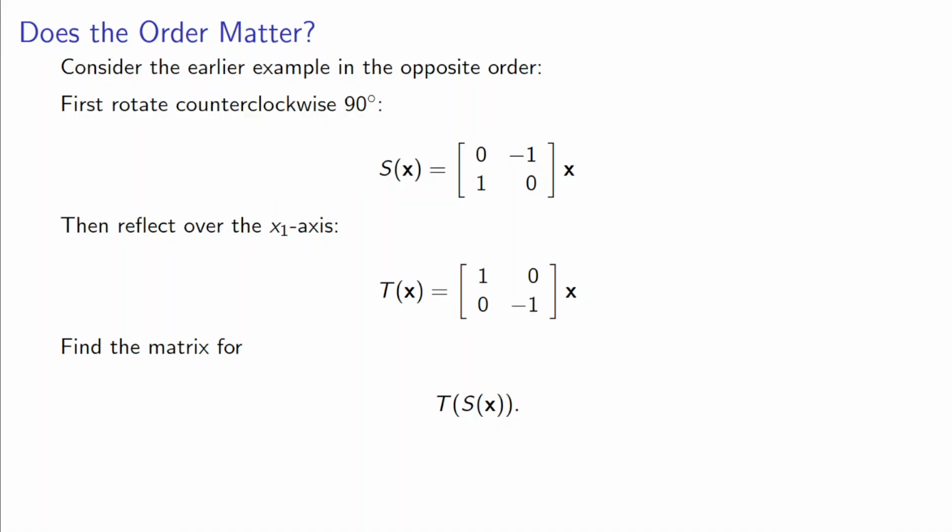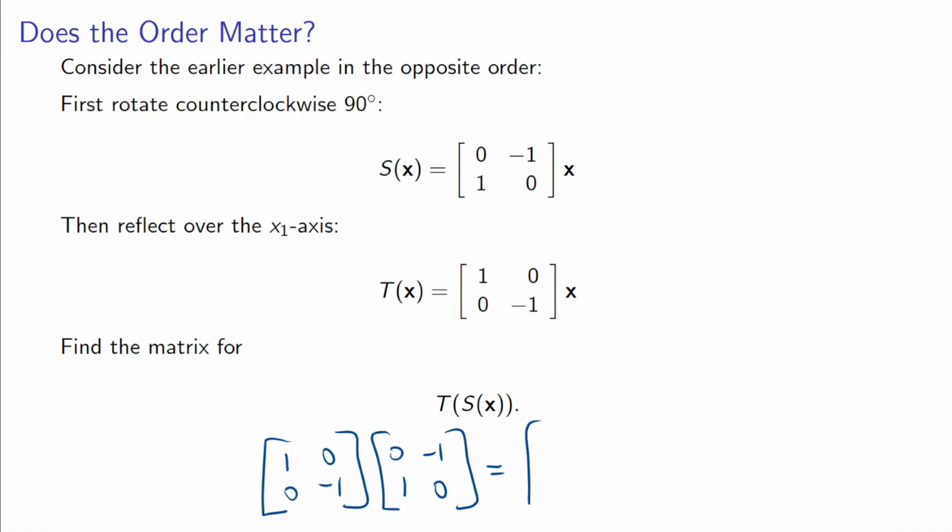If we wanted to find the matrix for T of S of X, then we would multiply the matrices in this order. The result here would be a 2 by 2 matrix. In particular, it would be the matrix [0, -1; -1, 0]. So this is the T of S of X.